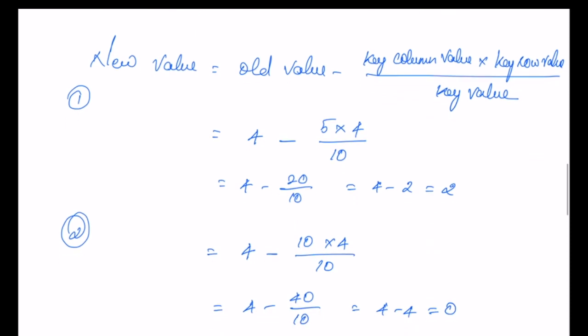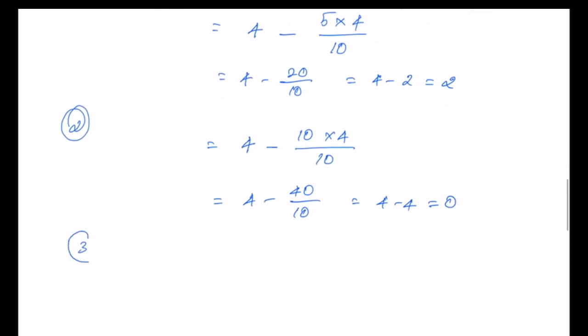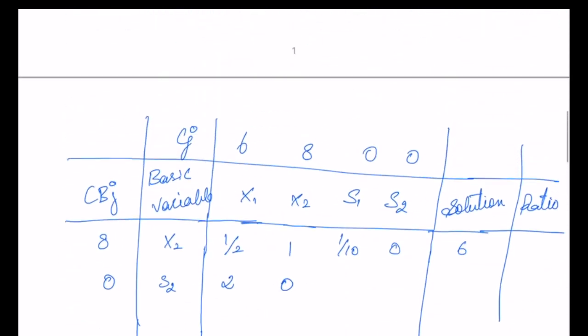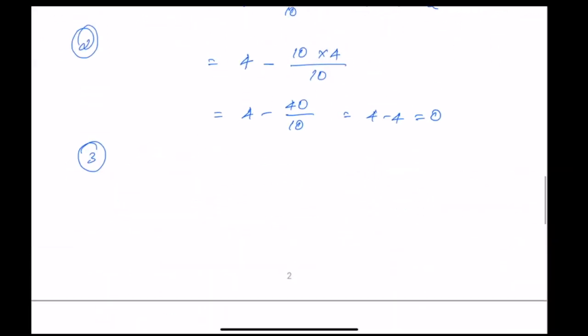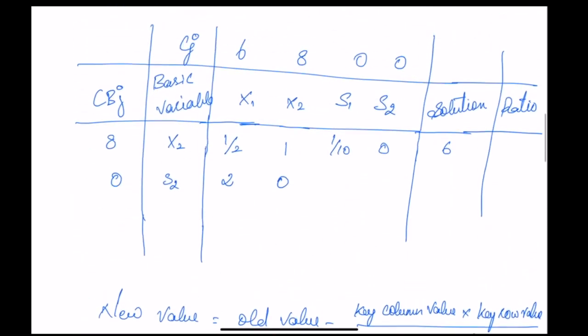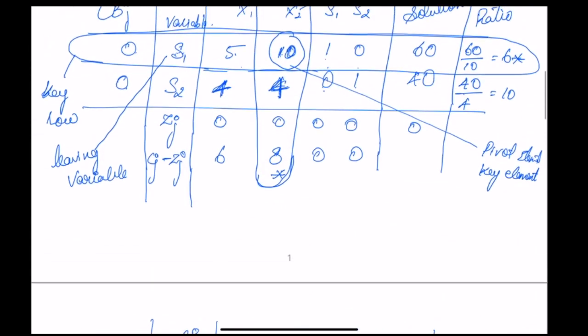Now the third element. Third element in the initial simplex table is 0, right? Now we are going to find out the new value for 0. Old value is 0 minus the corresponding key column value.